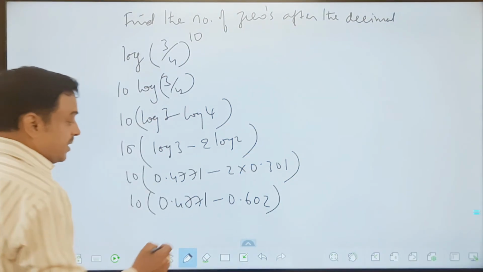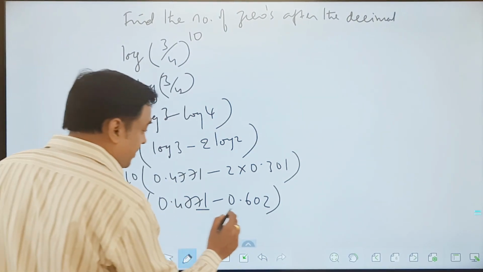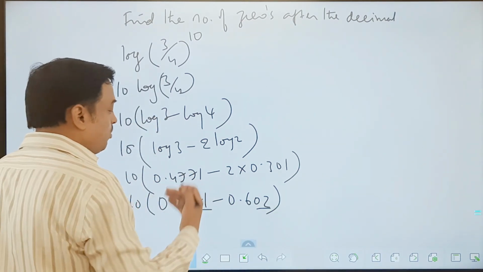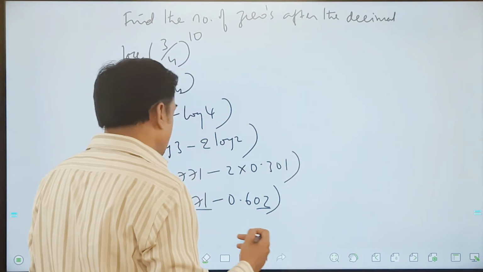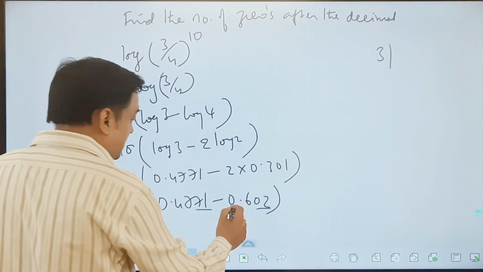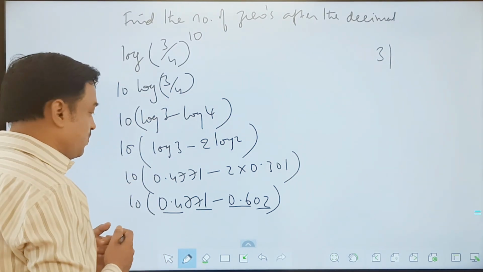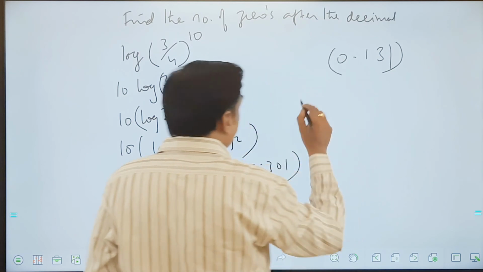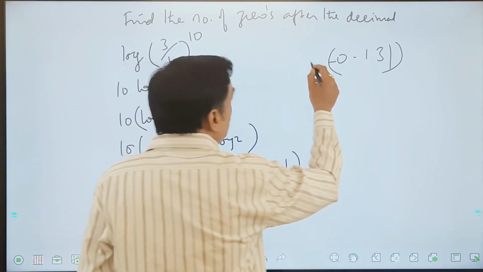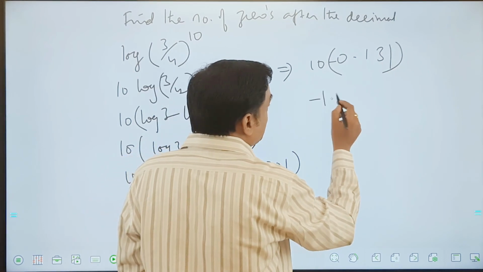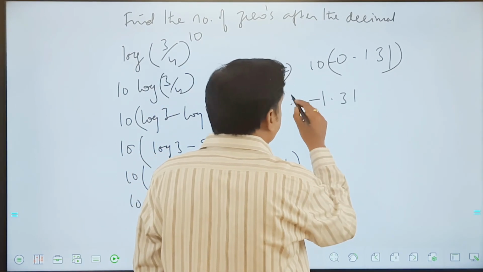Now subtract here. This minus this will be around 0.1 with a minus sign over here, into 10. So if you multiply with 10, I get minus 1.31.